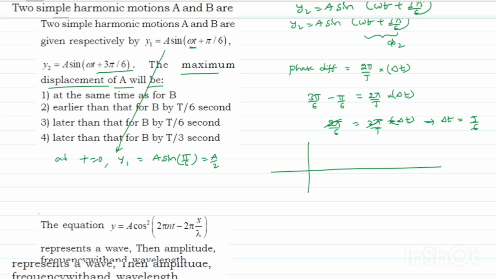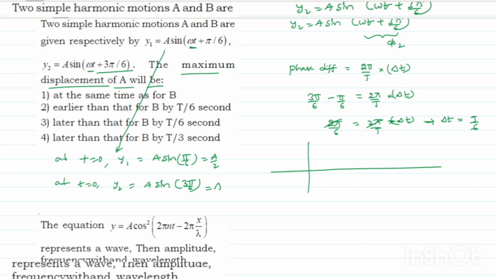This is the first particle. And at time t equal to 0, where will the second particle be located? Its displacement is a sin of 3 pi by 6, so sin 90.